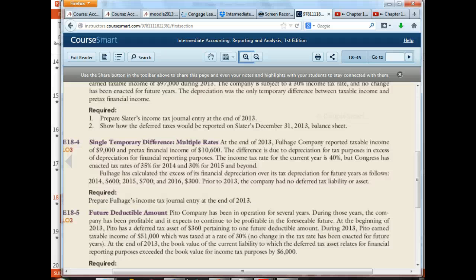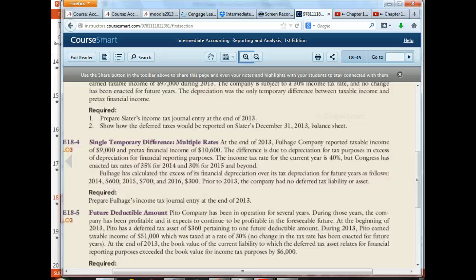Foliage has calculated the excess of its financial depreciation over its tax depreciation for future years as follows. In 2014, $600, 2015, $700, 2016, $300. Prior to 2013, the company had no deferred tax liability or asset.